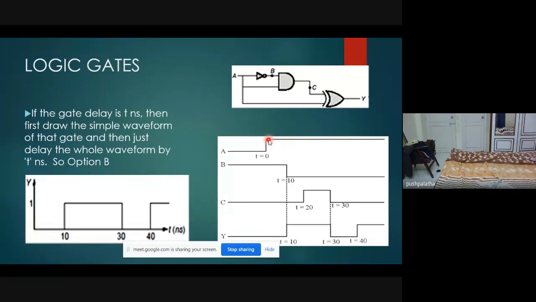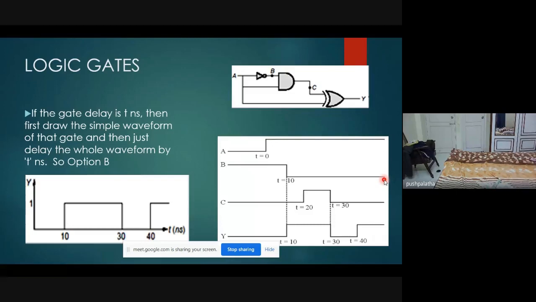It is an inverter, so since it is a high value, I have to take the low value. At t equal to 0 they had given the high value, which is equal to VCC. But you will get the output only after 10 nanosecond. So after 10 nanosecond only, the inverter will get the low value. If I give 1, the output of an inverter is going to be 0.